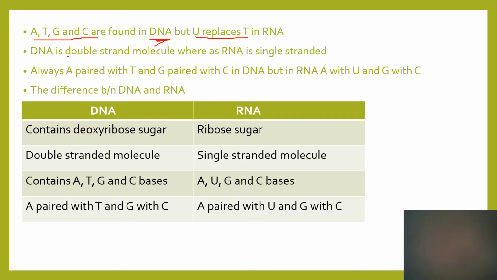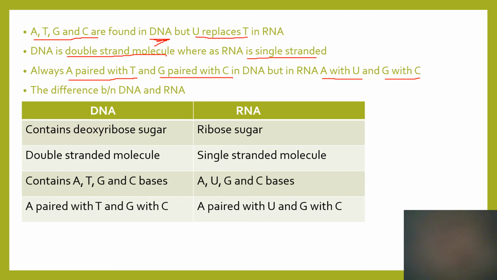DNA is a double-strand molecule, whereas RNA is a single-strand molecule. In DNA, always adenine is paired with thymine and guanine is paired with cytosine. In RNA, adenine is paired with uracil and guanine is paired with cytosine.